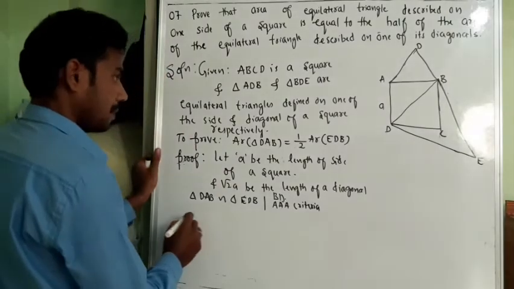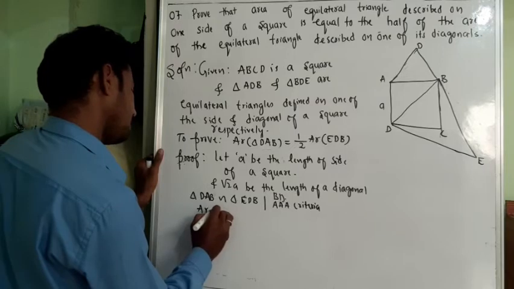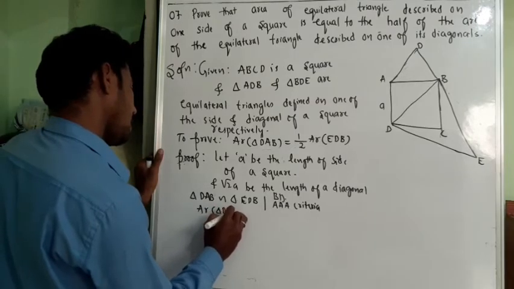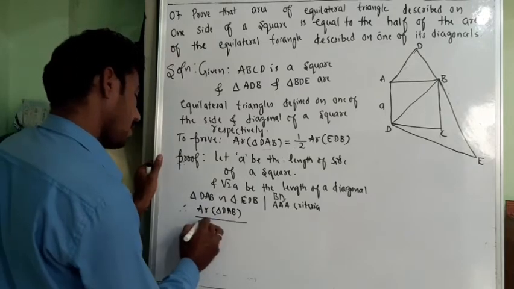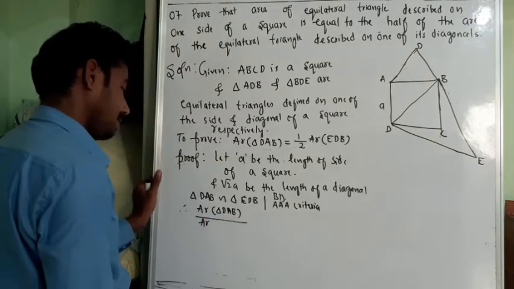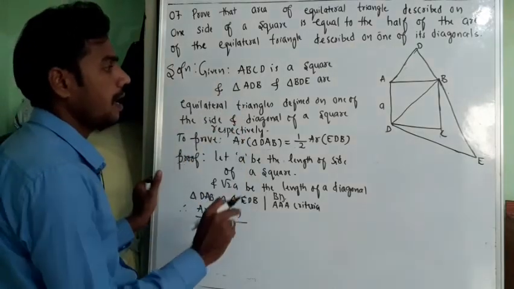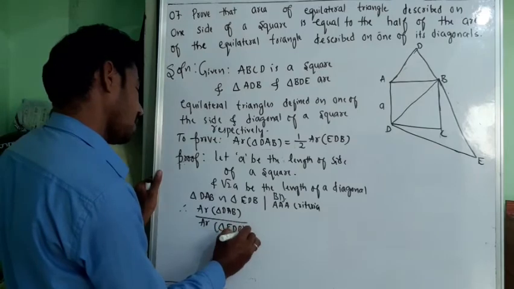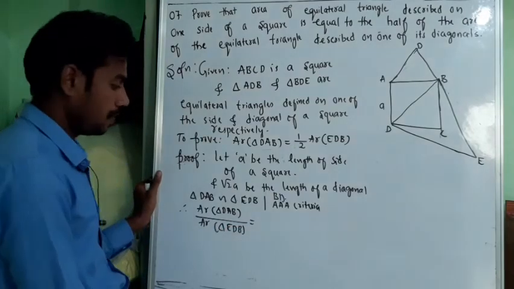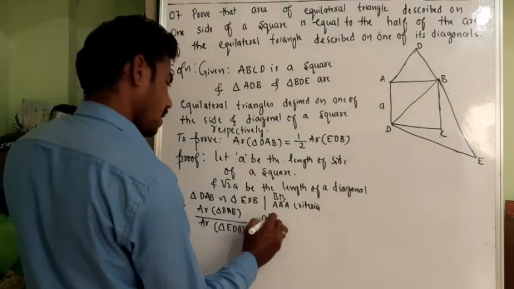Now, therefore area of triangle DAB divided by area of triangle EDB is equal to, so what is the side? a square.